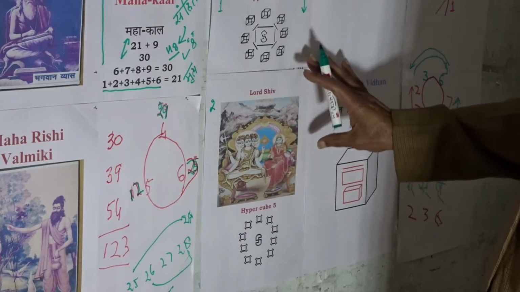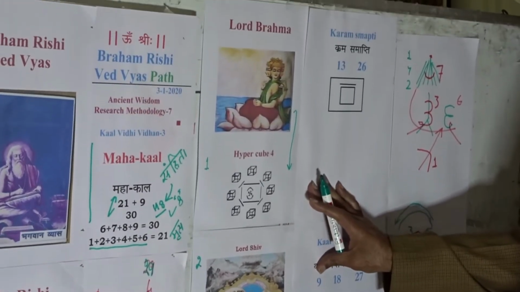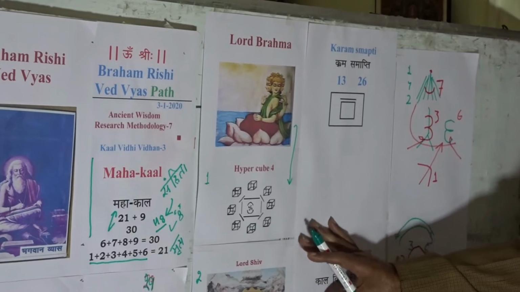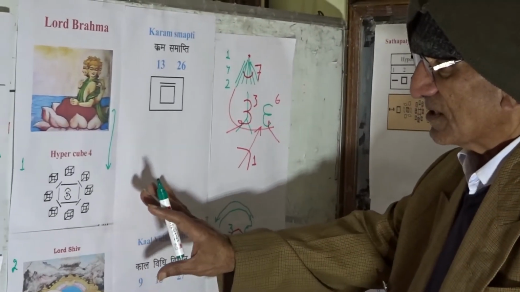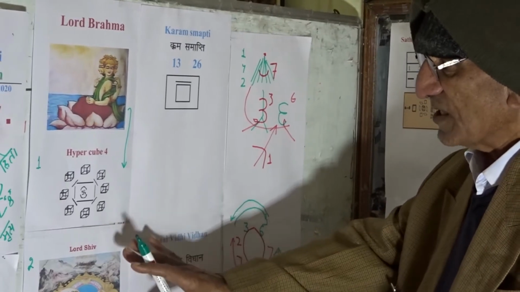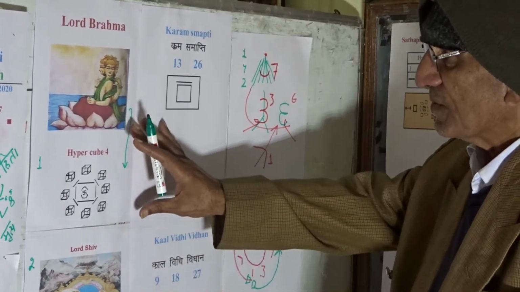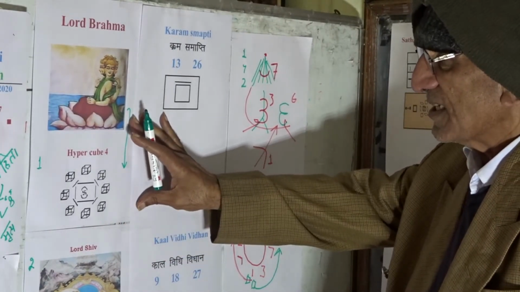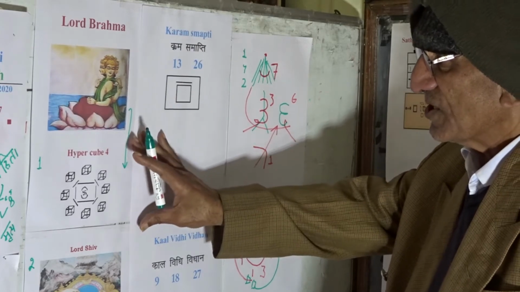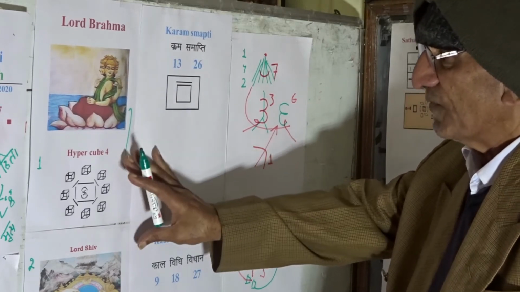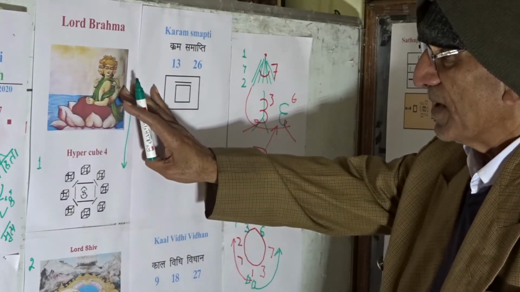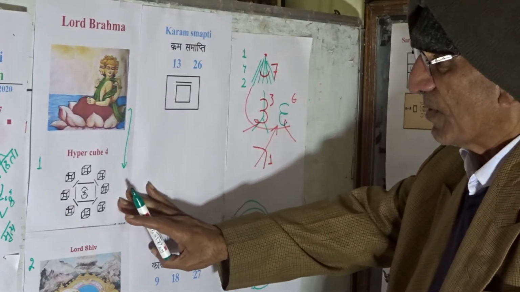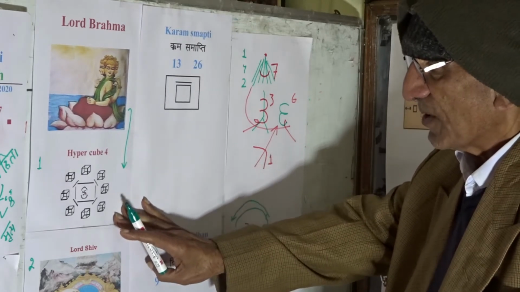As such, we are sequentially proceeding for the manifestation of the bodies of different spaces within 4 space, accepting that 4 space is a creator's space. Manifested creations happen within 4 space. 4 space is presided by Lord Brahma, and the representative regular body of 4 space is hypercube 4.